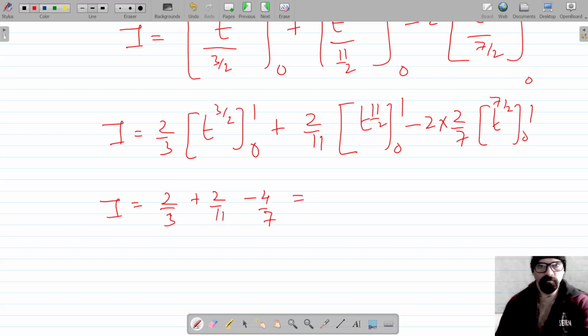So 2 by 3 plus 2 by 11 minus 4 by 7, and we take the LCM as 231, which gives 3 sevens are 21, and 154, plus 11 twos are 22, and 1 gives 42, minus 7 3s are 21, 33, 33 into 4 is 132.